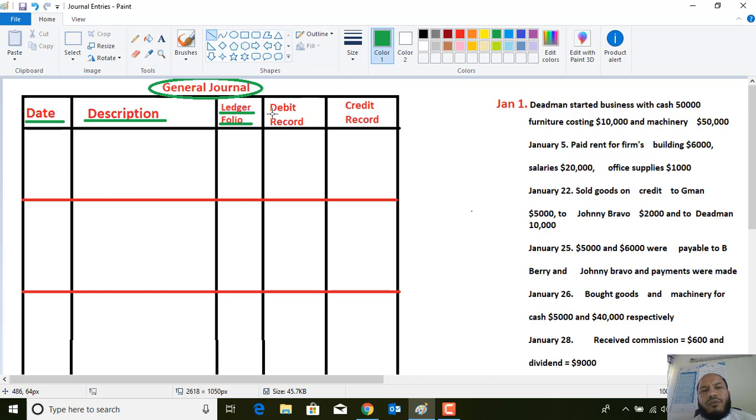Then we have 2 other columns, one for recording transactions on the debit side, and one for recording transactions on the credit side. In these 2 columns we will record the amounts of money of all the accounts that we hold within the business at the debit side or at the credit side.